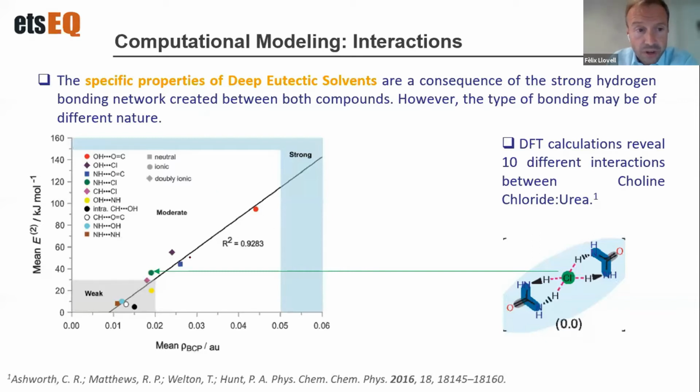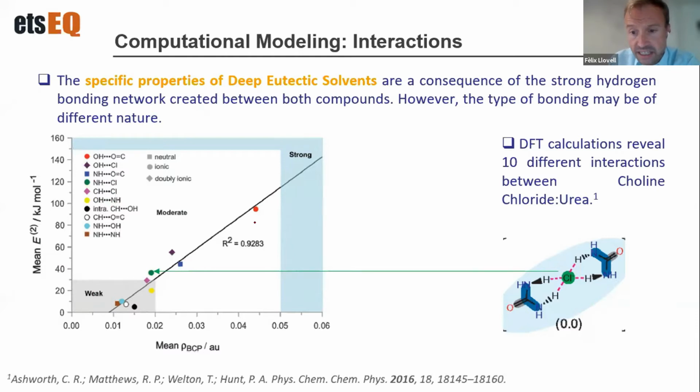In this figure, we can see how the different types of hydrogen bonding appear in this system and how strong the energy of the interaction is. In this regard, we can relate the occurrence with the energy, and we can describe these interactions as strong, moderate, and weak.